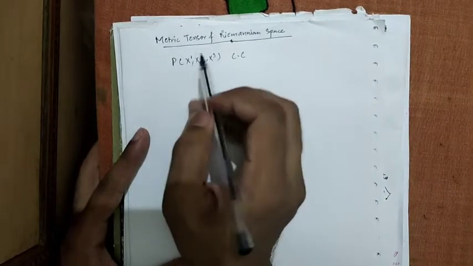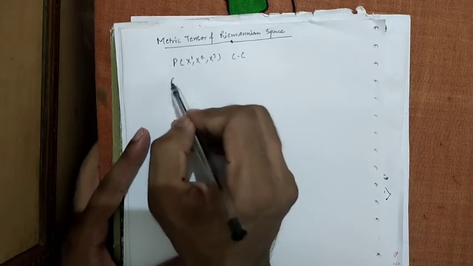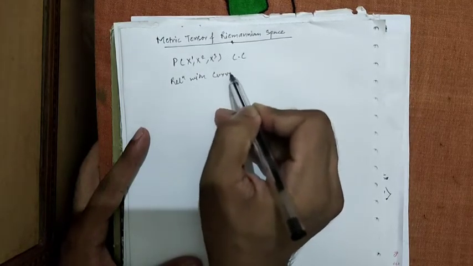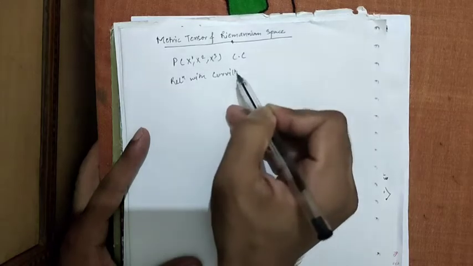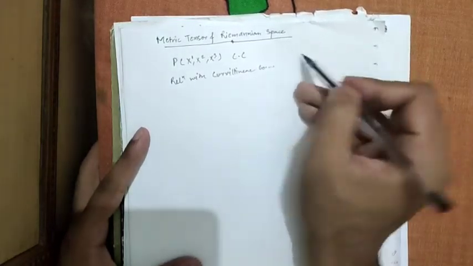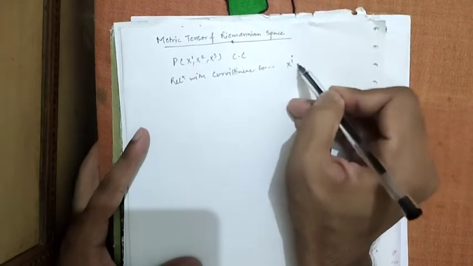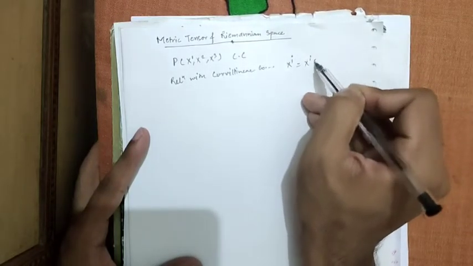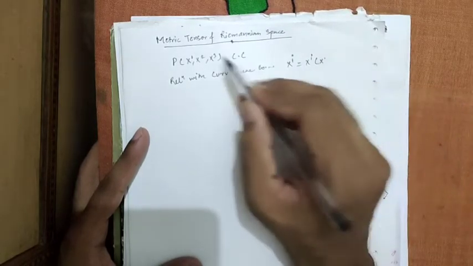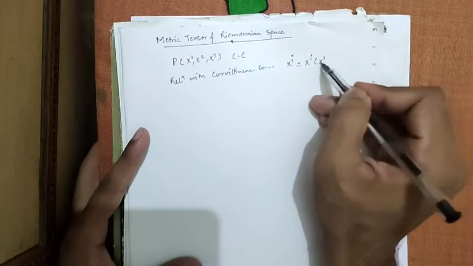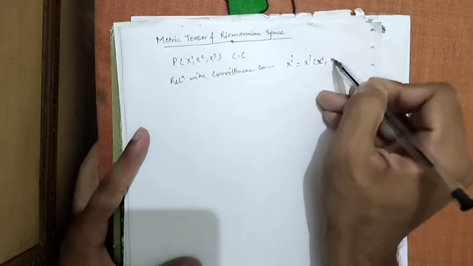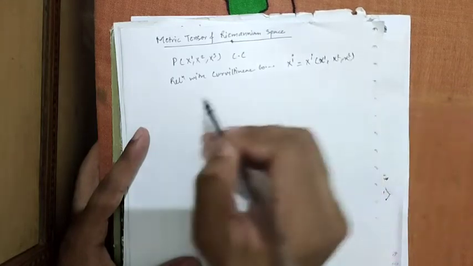The relation of these Cartesian coordinates with the curvilinear coordinates is: x of i is a function of x1, x2 and x3, where these are the curvilinear coordinates.